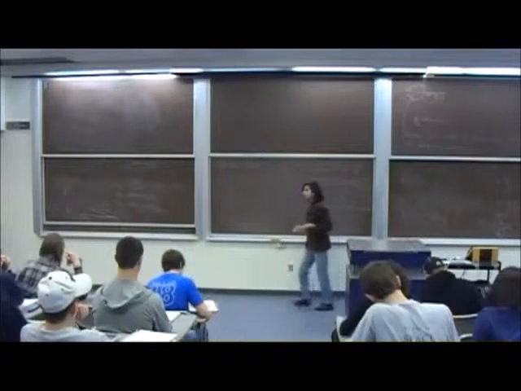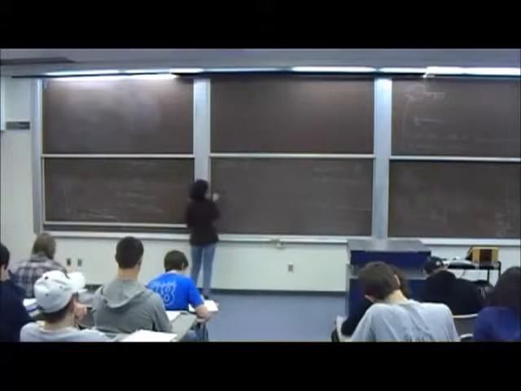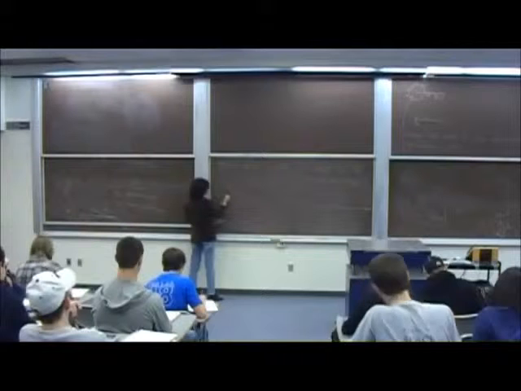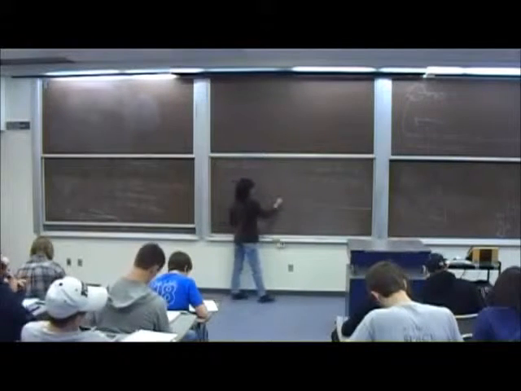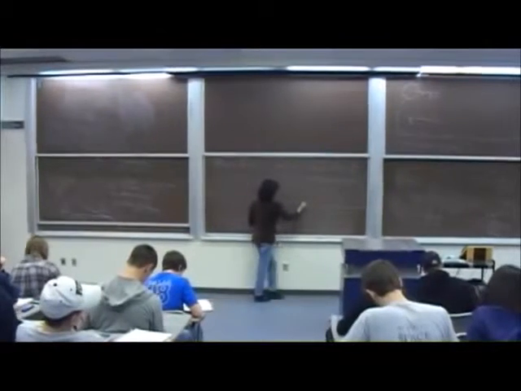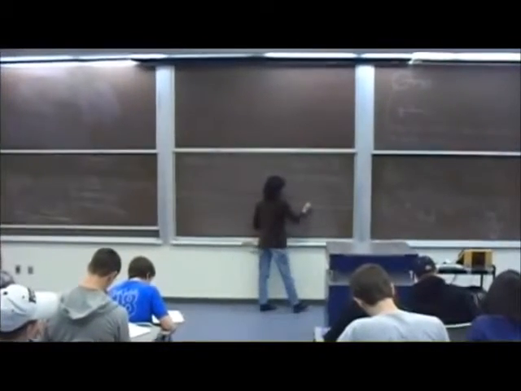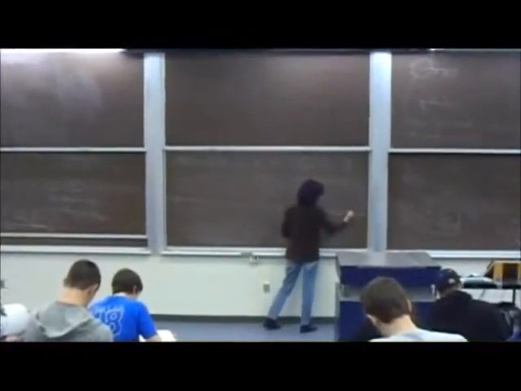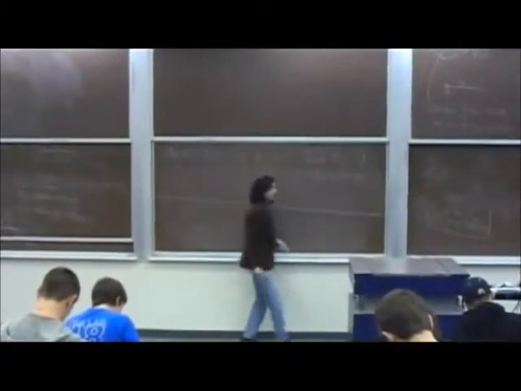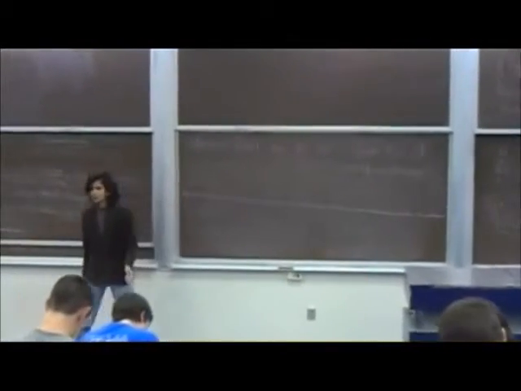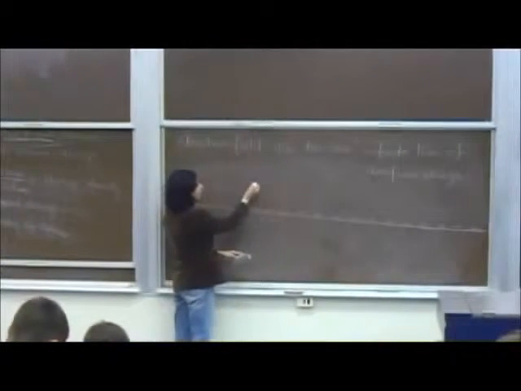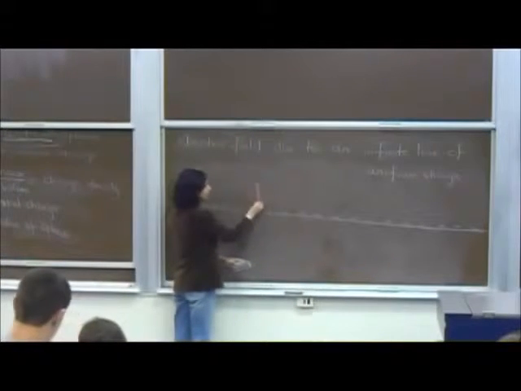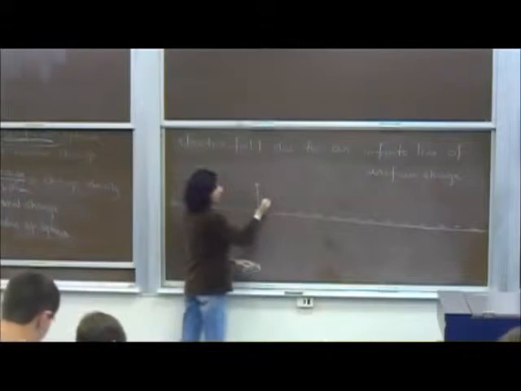I have this thread, and on this thread there is charge which is uniformly distributed, and this thread is infinitely long, that means much longer than any distance where we are interested in finding the electric field. Let's say the charge is positive. We have to find the electric field at some distance r away.